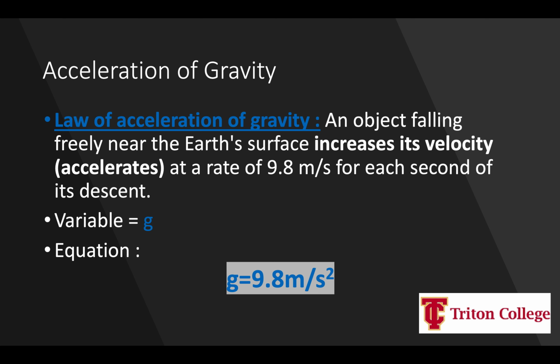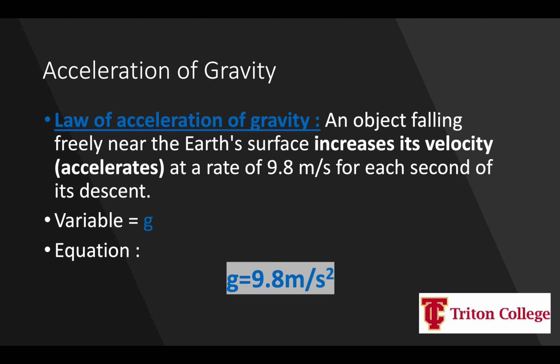That's why the word acceleration is in the name of the law, right? It accelerates at a rate of 9.8 meters per second for each second of its descent. And again, this is so important that it's given its own variable. The variable is simply the lowercase g. So if you see the lowercase g, it stands for acceleration of gravity.